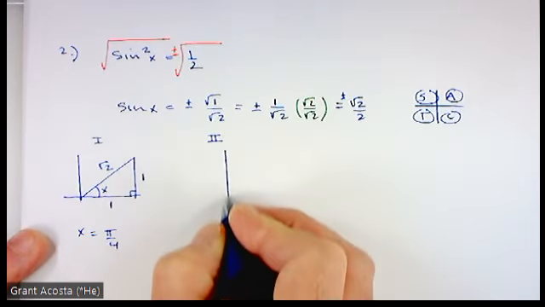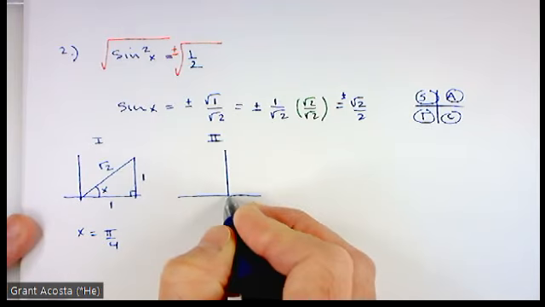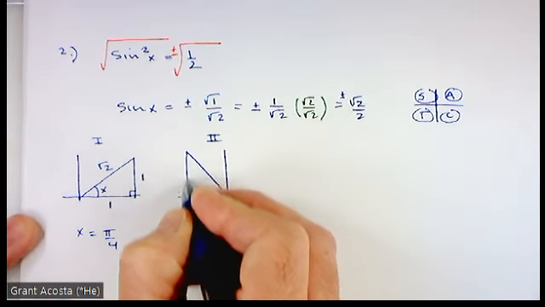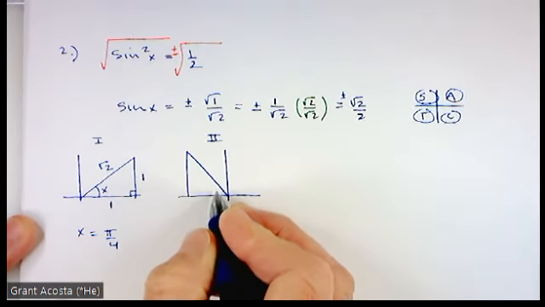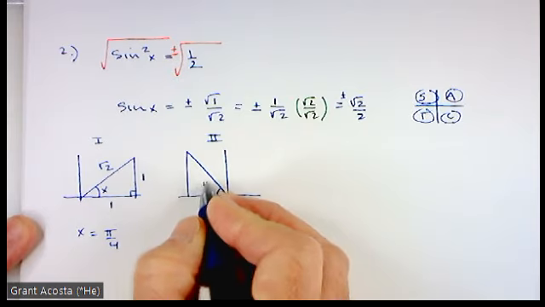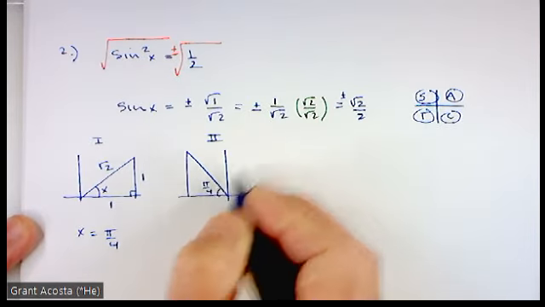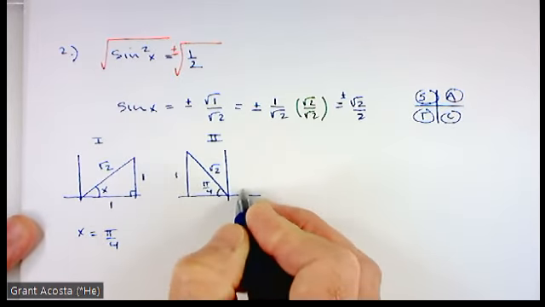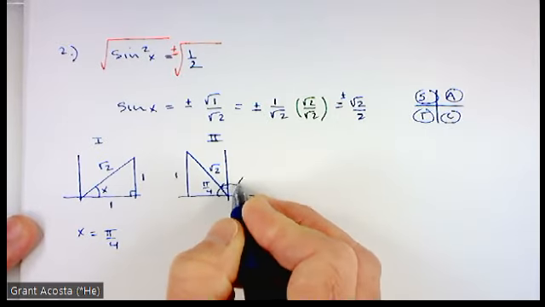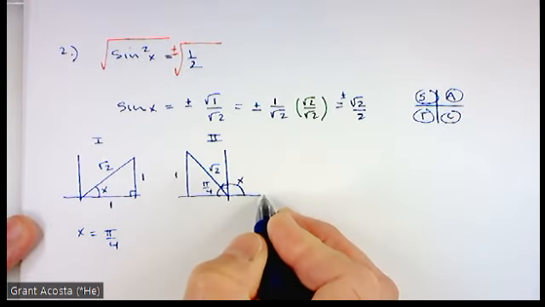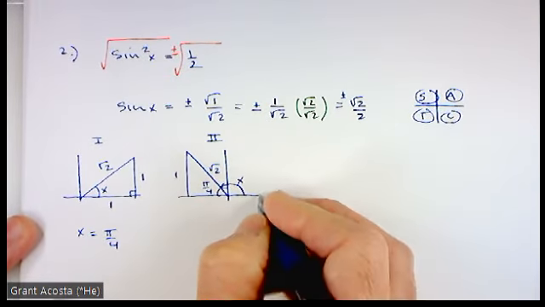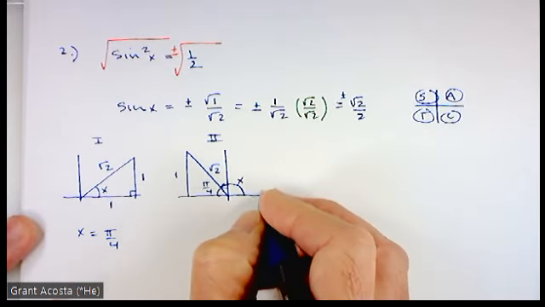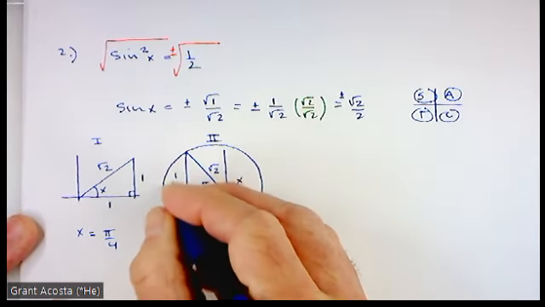In quadrant 2, you've got a triangle that's going to have the same reference angle. So this angle is pi over 4. We still have 1 opposite over hypotenuse. But the angle this time, of course, is from here to here. This is the angle we want. So recall how we do this. If you want to find this angle, go all the way around to here.